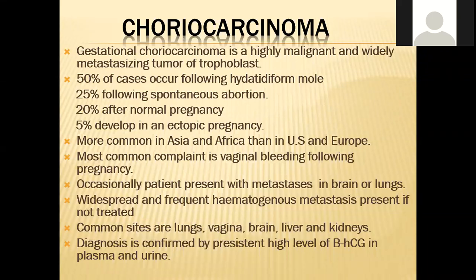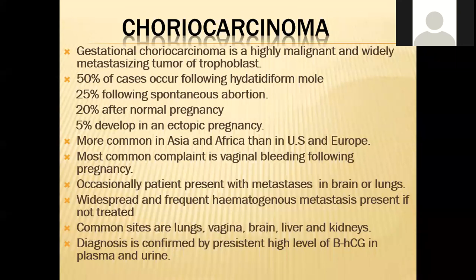As I have told you, there is another choriocarcinoma which arises from the ovary. And at that time, I have told you also that there is a placental or gestational choriocarcinoma. So this is the gestational choriocarcinoma.